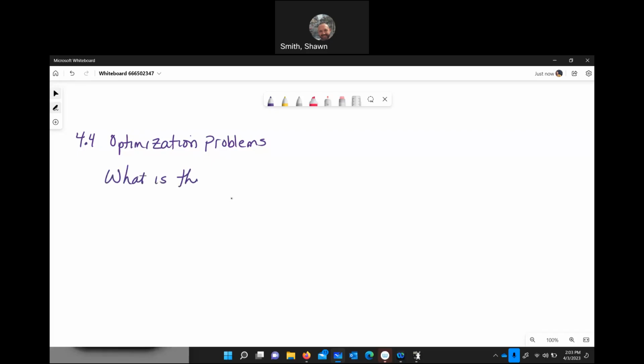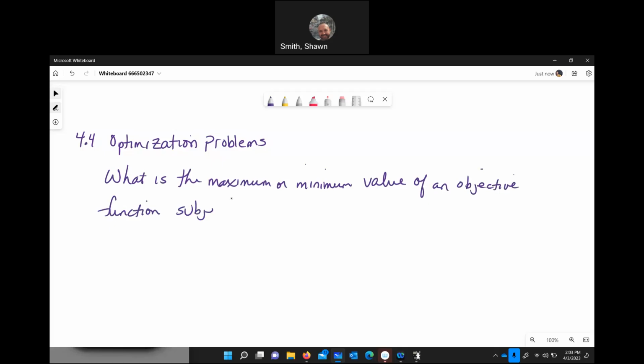What is the maximum or a minimum value of an objective function subject to given restraints? You may recall from pre-calculus or even college algebra when I teach it too, you pretty much do the same problem all the time.